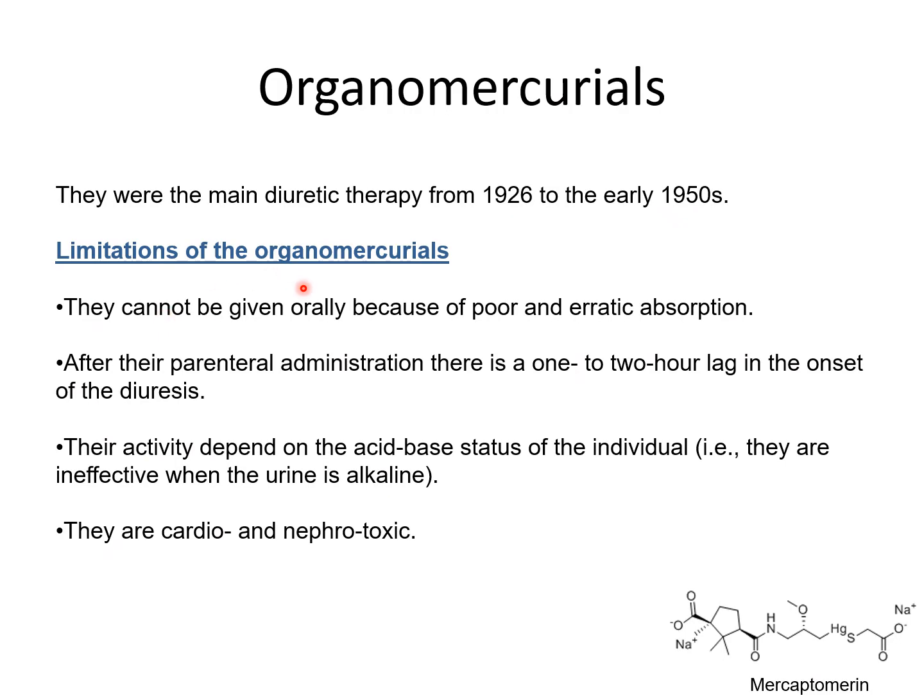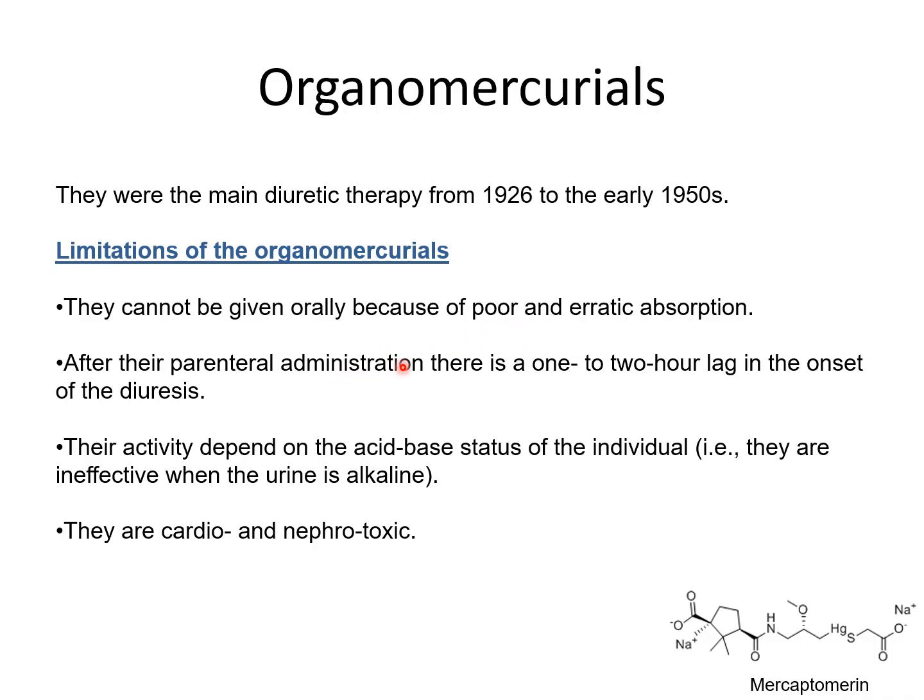In addition, they have another limitation: they can't be given orally because of their poor absorption. Mercury is not absorbed well, and it can bind to any protein in the GI tract before it even reaches the systemic circulation.